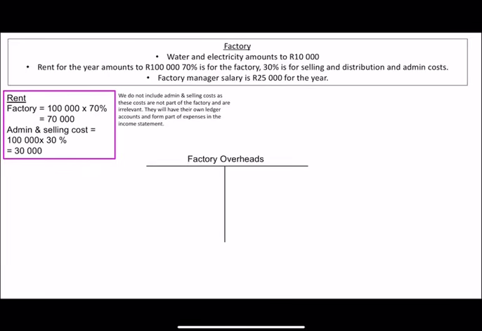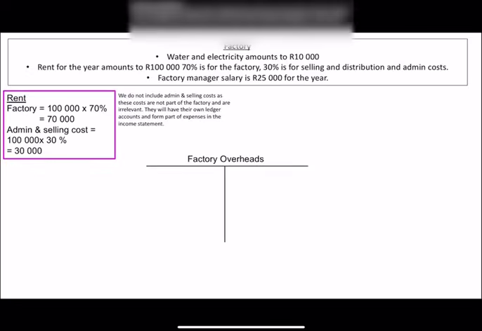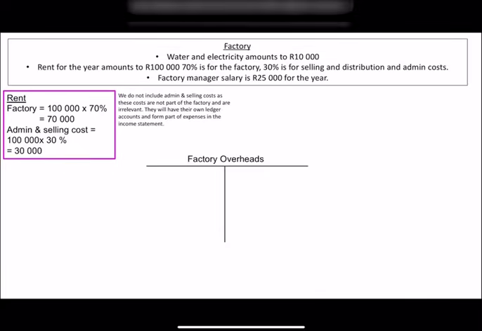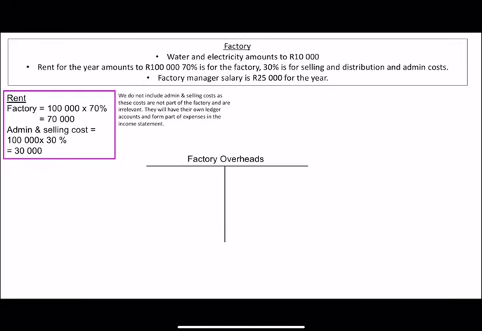And therefore, we have to take our total rent amount and only work out that 70% because that is how much is for the factory. The other 30% is for selling and distribution and admin costs. That 30% will go into another ledger account called selling and distribution, called admin costs, to account for those costs. But they are separate and they will go into the income statement under expenses.